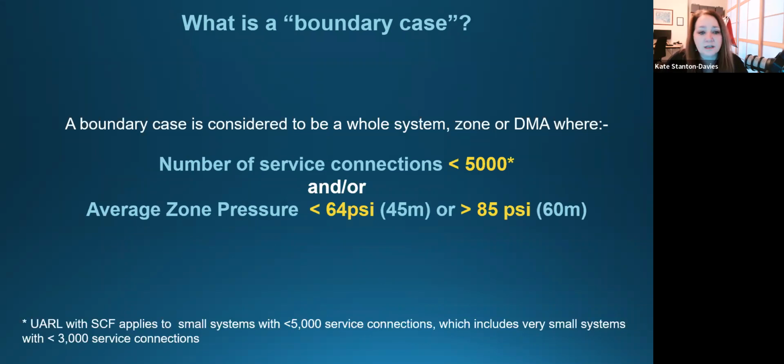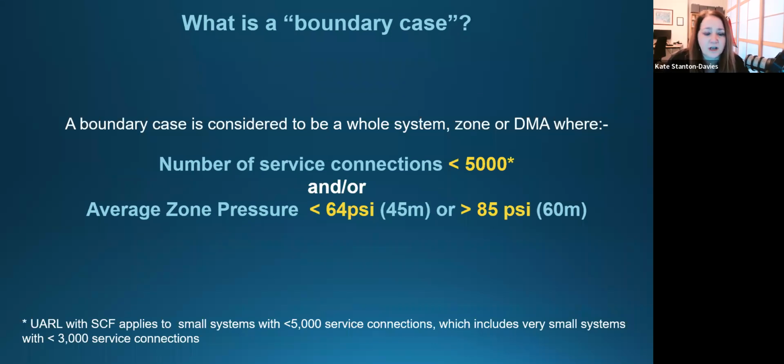So if you've got small systems or you're operating at lower pressures or higher pressures, then this is considered to be a boundary case. And this is where you're going to get either an overestimation or an underestimation of UARL volumes.